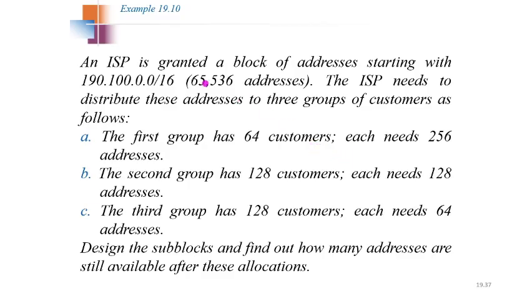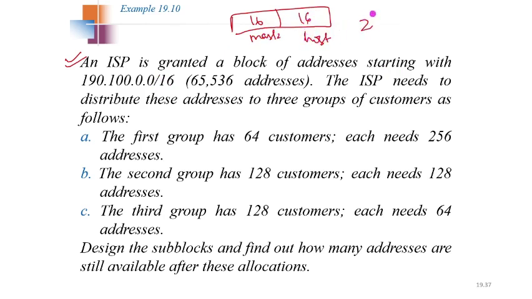Okay, so here an example is given. An ISP is granted a block of addresses starting with this address, /16. /16 means out of 32, 16 is used for the mask and the remaining 16 is used for the host.